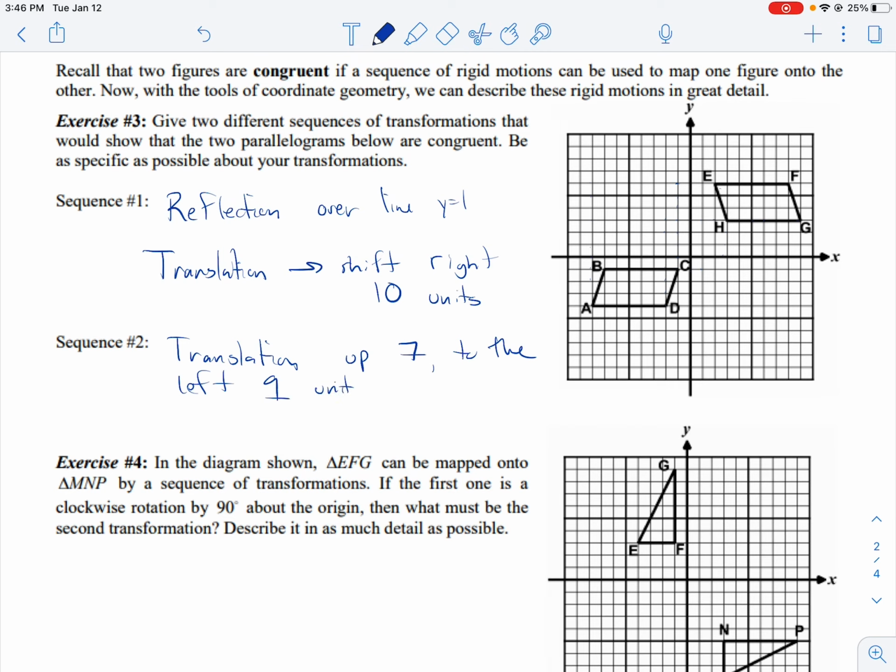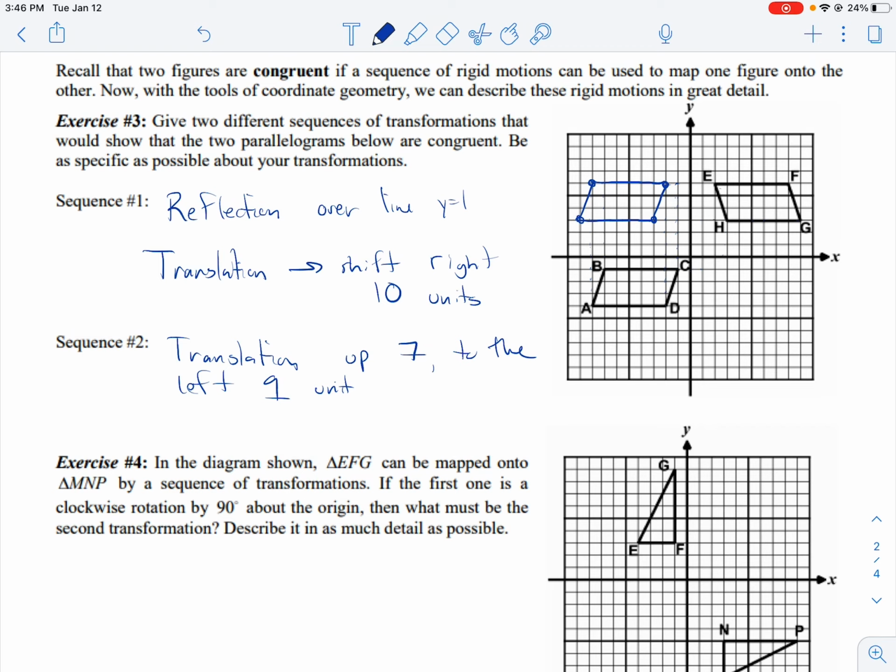So each of these points I'm going to go up 7, 1, 2, 3, 4, 5, 6, 7, to the left 1. There is our new parallelogram.